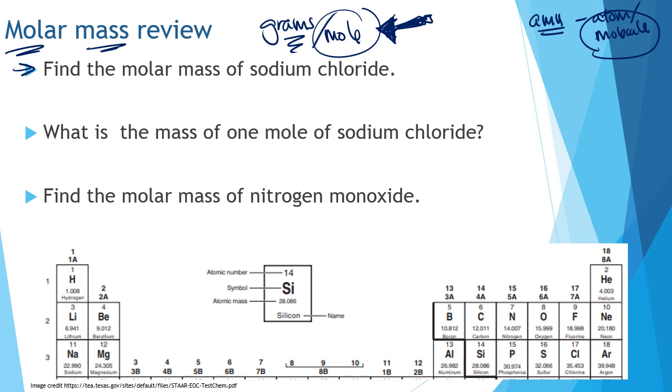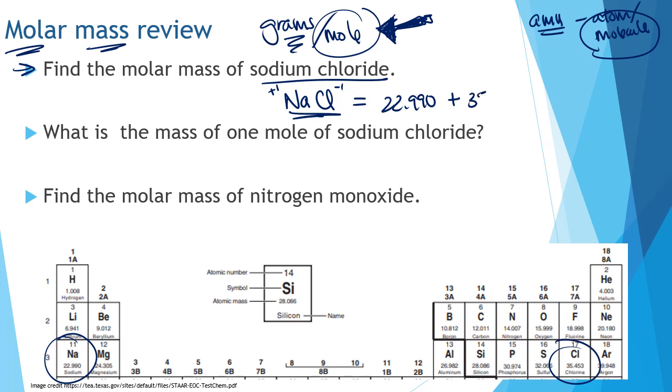So when I'm finding the molar mass of a substance like sodium chloride, I'm just going to add up the masses from the periodic table. So sodium chloride, I'm going to write that formula. Sodium is Na, chlorine is Cl. Sodium has a charge of +1, chlorine's a -1, so I don't have to do anything to balance out this formula. To find the molar mass, I'm just going to add the masses from the periodic table. Sodium is here. It is 22.990. Chlorine's over here.